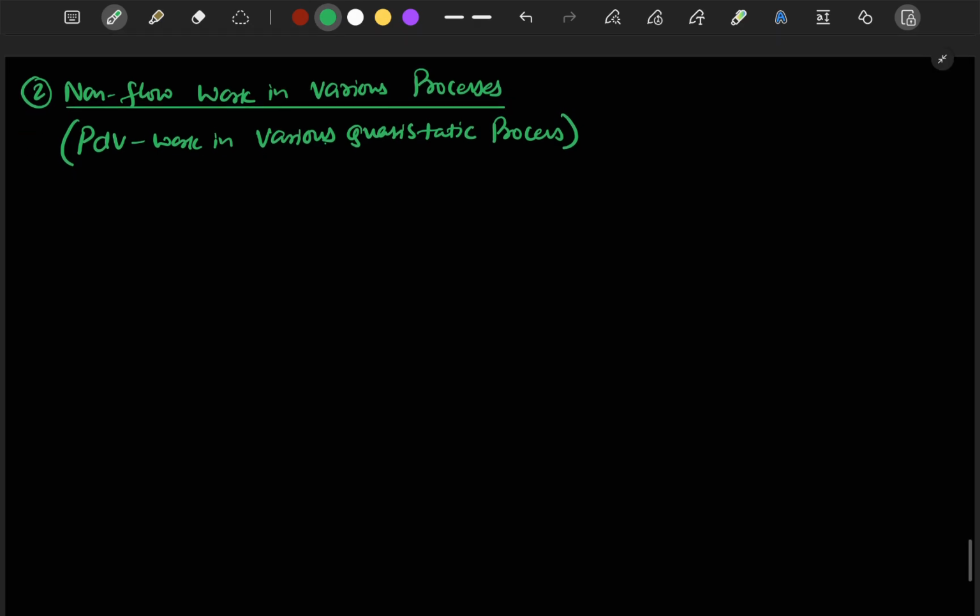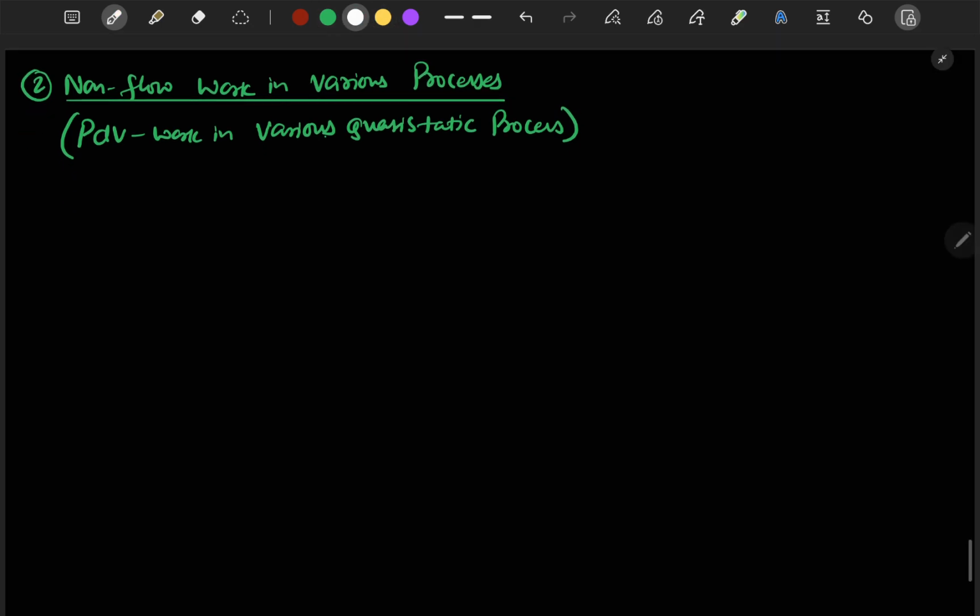So let's consider the first process, constant volume. For a constant volume process, we also call it isochoric or isometric.